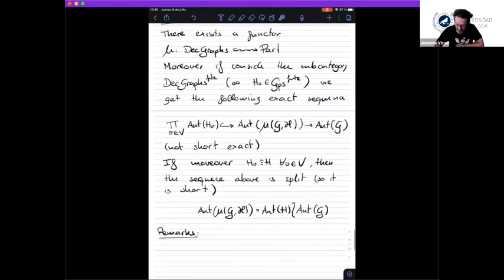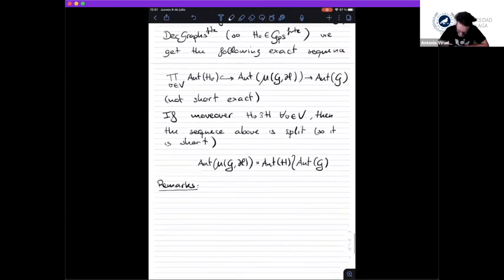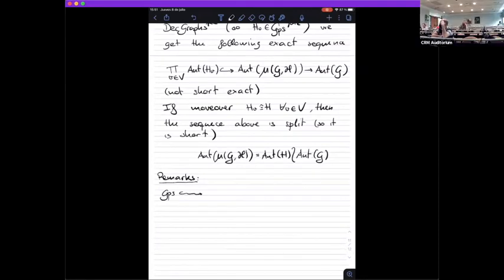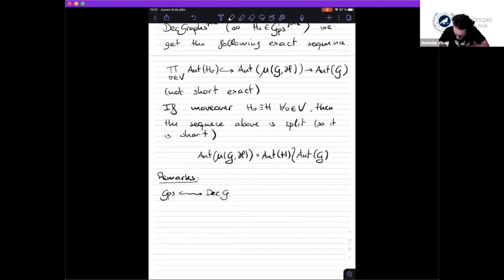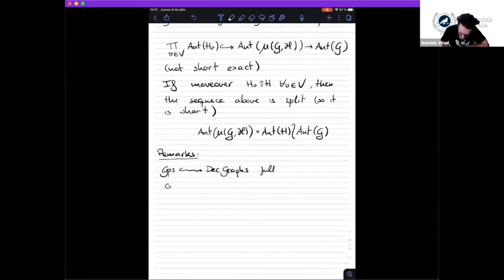And just one quick remark: groups get into decorated graphs. Take any group, or I will say just H, to follow with the notation.